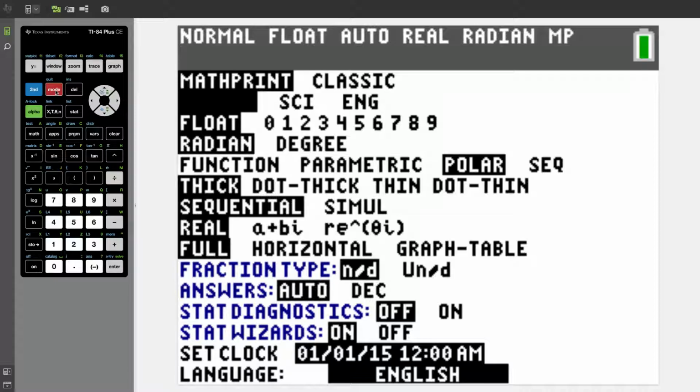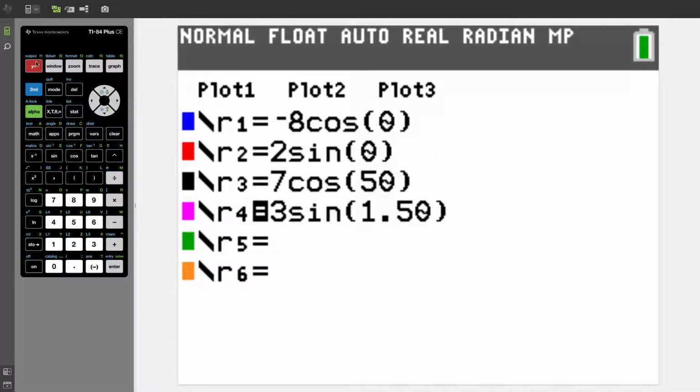You need to be in radian mode, and you also have to change it into polar mode. So that when you want to start graphing in polar mode, you still hit the Y equals menu, but you're going to notice a change depending on which mode you're in. When you're in polar mode, instead of all those lines saying Y equals, now they say R equals, which should make sense to you, because when we write equations in polar form, we try to make R all by itself, right?